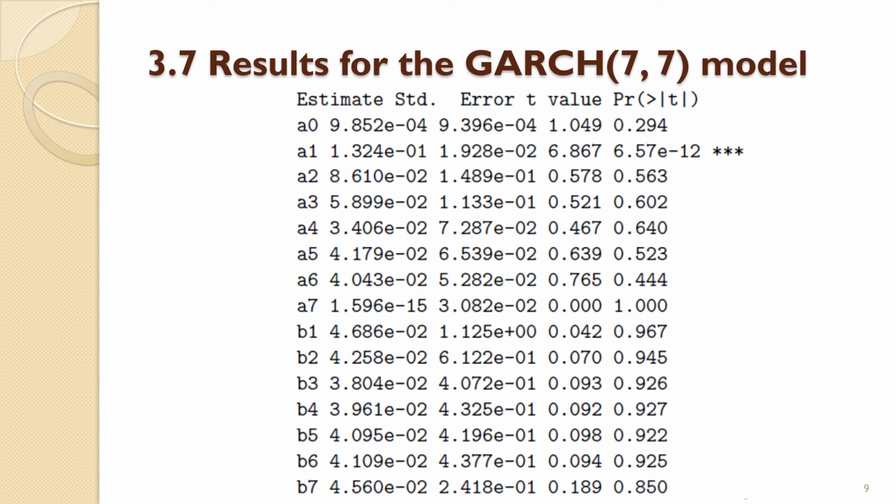There are no other terms here that are significant, and this is a repetition of the scenario we first encountered when we had multicollinearity in the context of a regression model. So we've got non-significant terms here, and rather than that really being evidence against the GARCH effect, what this is really saying is that the order of the model is too high, and I think that once you reduce the order of the model to something more manageable, then you would get a more precise estimation of the ARCH effect and the GARCH effect.